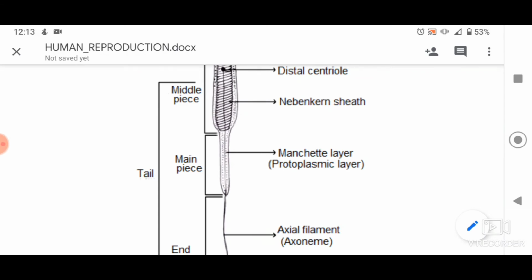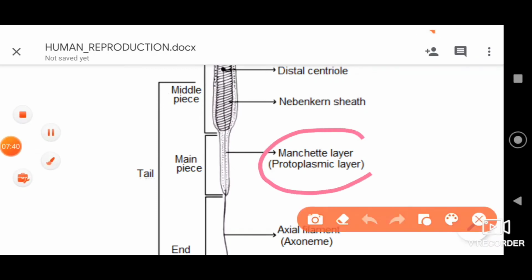And then further, let me tell you that the head, neck, middle piece and tail in fact have a protoplasmic layer, or cytoplasmic layer, or manchette layer around them. So let me tell you, this is the one.